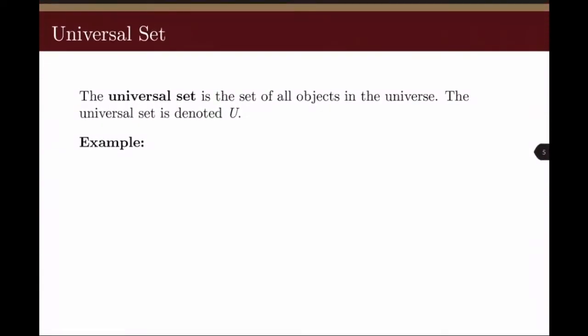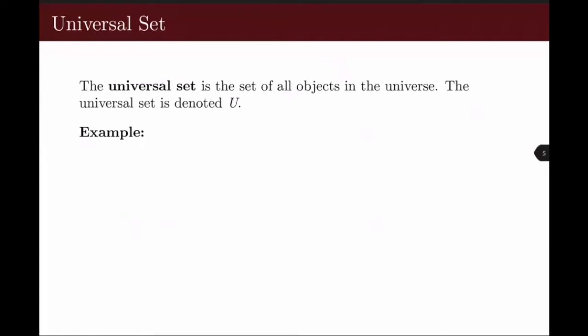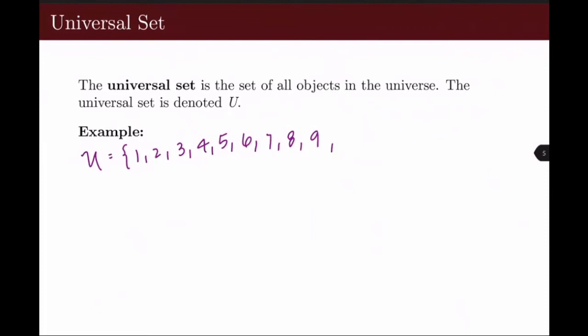The universal set is a set of all objects in the universe. The universal set is denoted U. So whatever universe we're living in will always be stated. For example, if we are living in the universe of numbers 1 through 10, then all my other sets will be contained inside of our universe.